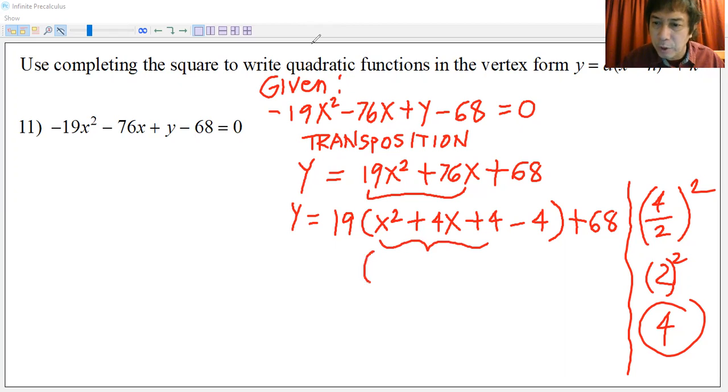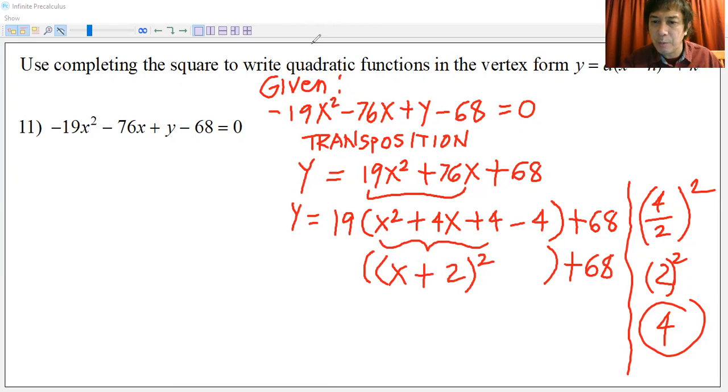Okay, and we can convert that. This is now x, and 2. And the sign of the 4x is plus.